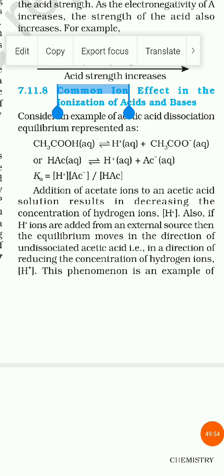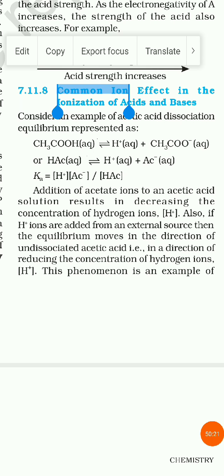Are you able to understand what I am saying? Common ion is nothing but this: if you take any two acids or two bases, at least one of the ions will be common. Either the H plus ion will be common, or the OH minus ion will be common.